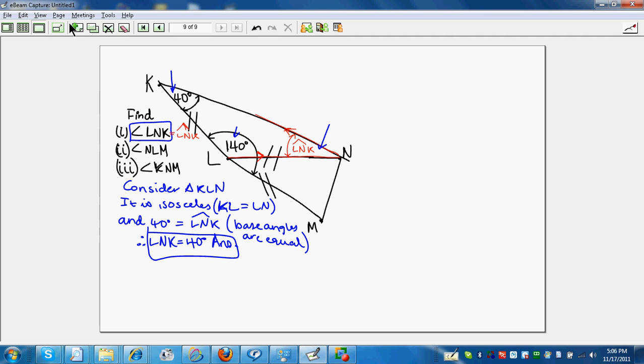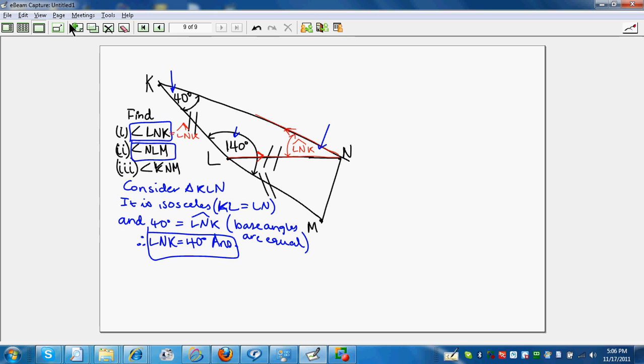Okay, so our next step would be to find the other angles they're interested in. The other angle they're interested in is angle NLM. Where is angle NLM? Let's see if we can identify that, because we have to know what we want to find.